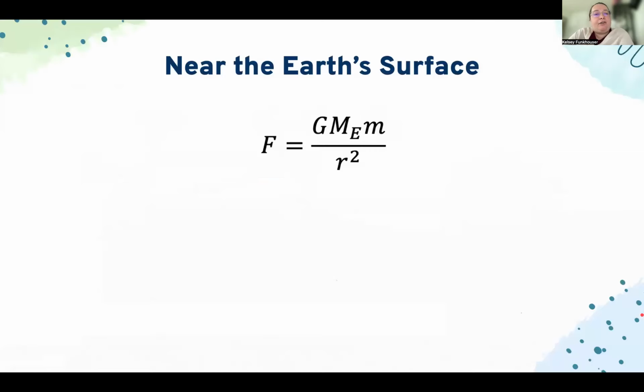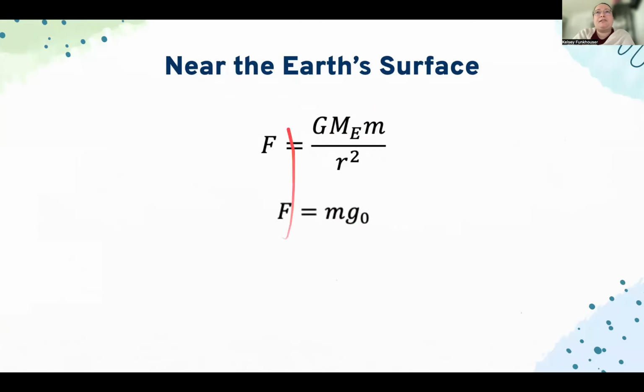Now gravitation near the Earth's surface, we can input the mass of the Earth into this equation. And we also know something else. We have the weight force near the surface of the Earth, which is given by the mass times the local acceleration due to gravity.